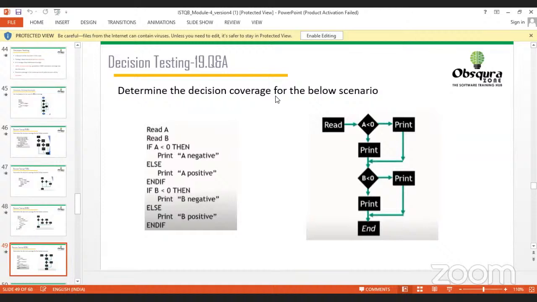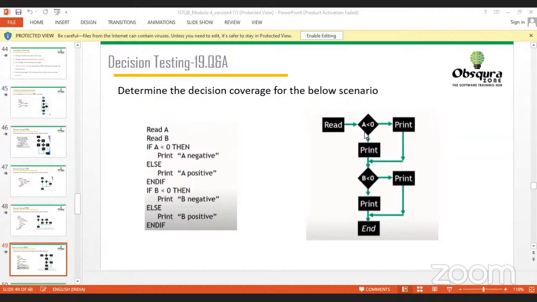Determine the decision coverage for the below scenario. You can determine it here. You're understanding the difference, right? How statement coverage and decision coverage are different. In statement coverage, we were only discussing these nodes, the black color thing.